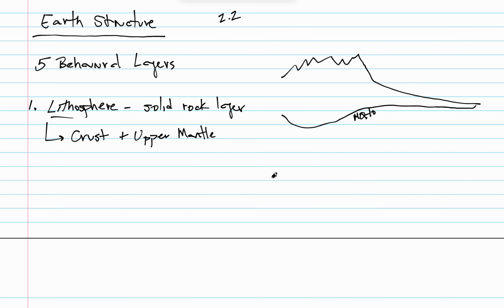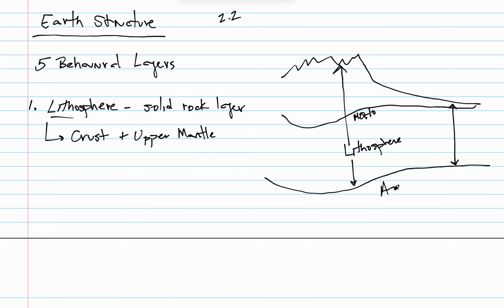Now, the asthenosphere-lithosphere contact we also can draw in, and it would be something like this. This area of the upper mantle plus the crust is the lithosphere. So the lithosphere goes from the top of that mountain down to the bottom of this structural unit, and from the bottom of that to this.